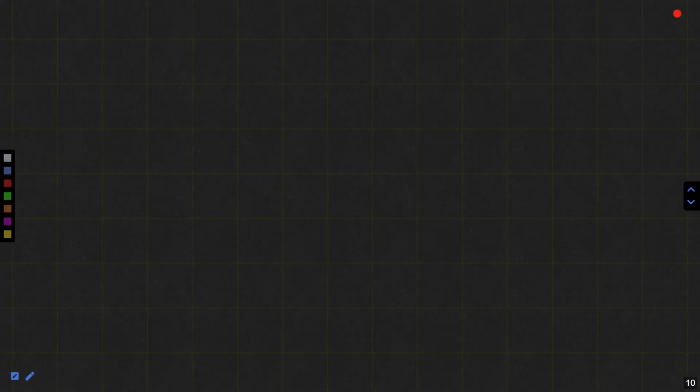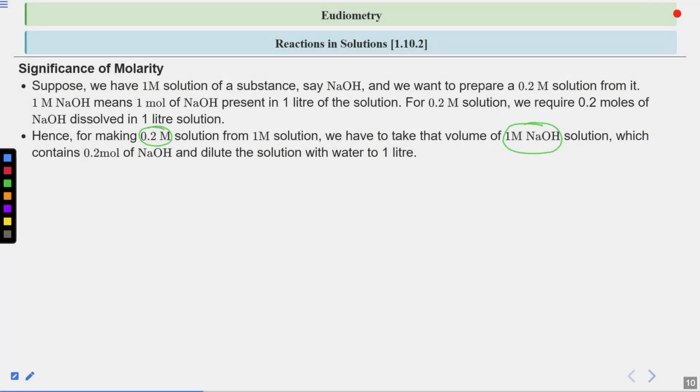Let us try to understand this once again. Our situation is we have a 1 molar solution and we have to convert it into a 0.2 molar solution. How will we do it? If you take 1 liter of the 1 molar solution, you will have 1 mole according to the definition.